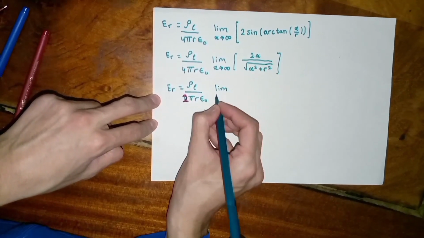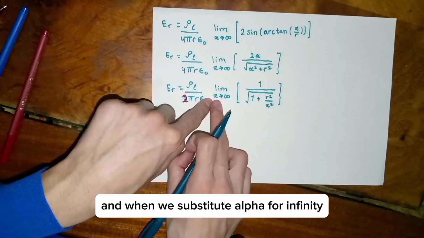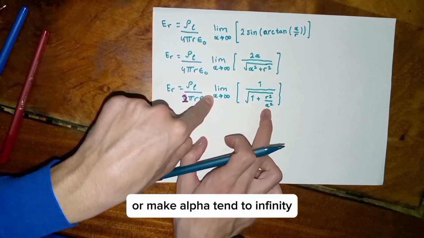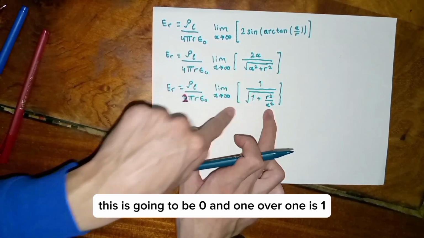Limit, and when we substitute alpha for infinity, or make alpha tend to infinity, this term is going to be 0, and 1 over 1 is 1.